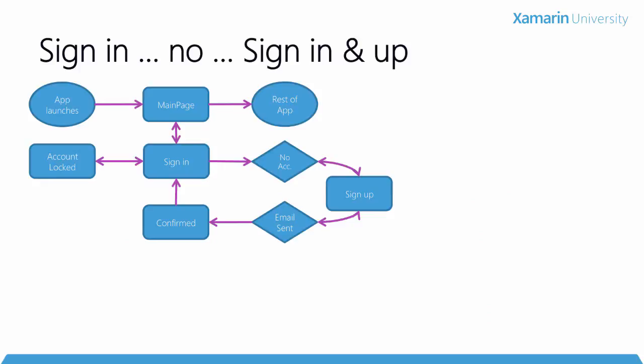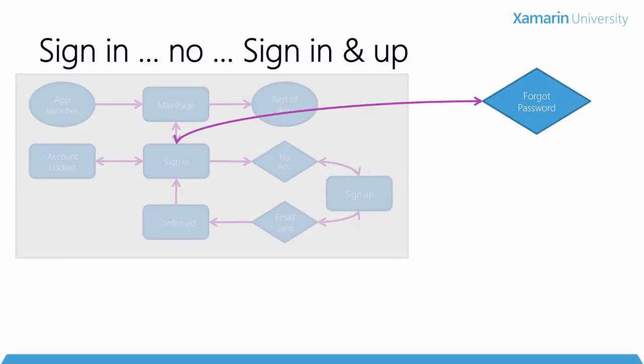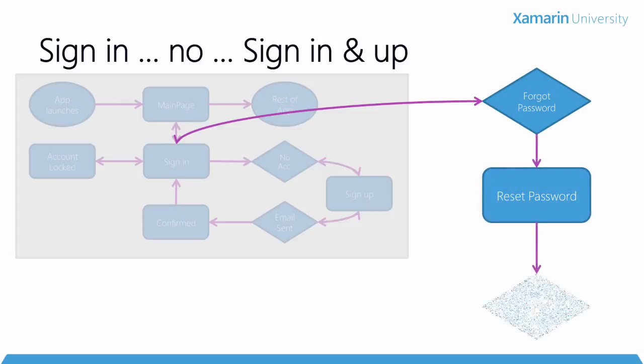So if having no account is valid, so should be a forgotten password. Let's look at this. It turns out that if Bob indicates that he has forgotten his password, Bob would then be able to request a password reset. This would kick off a system event that would send an email reset request to Bob.